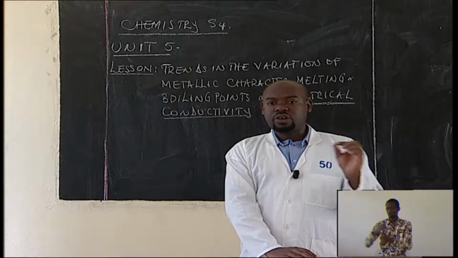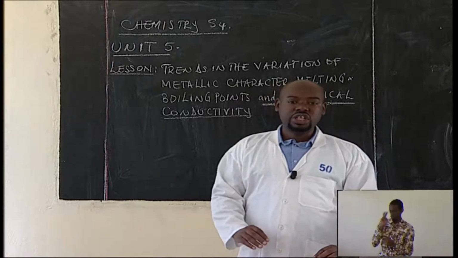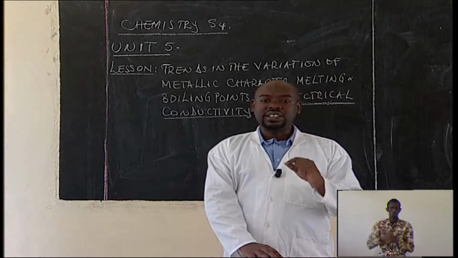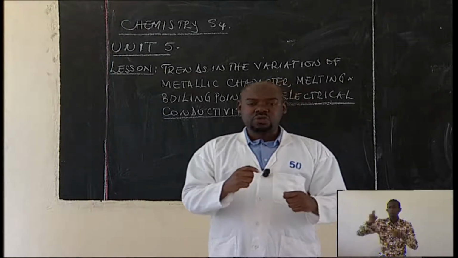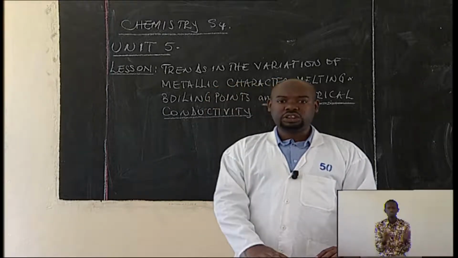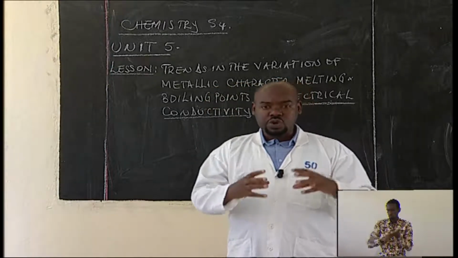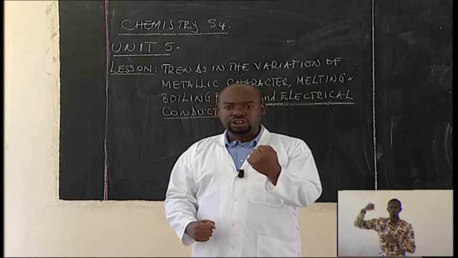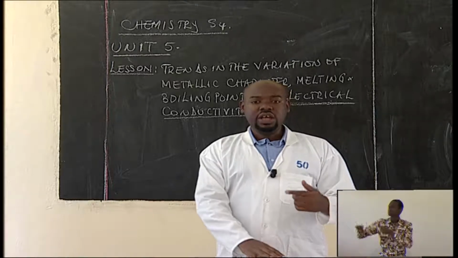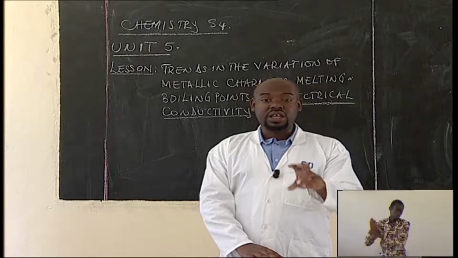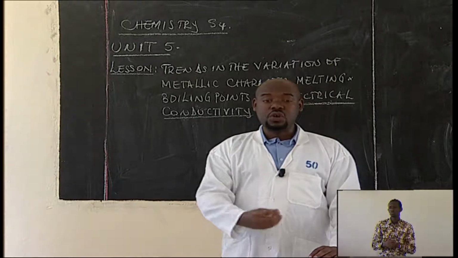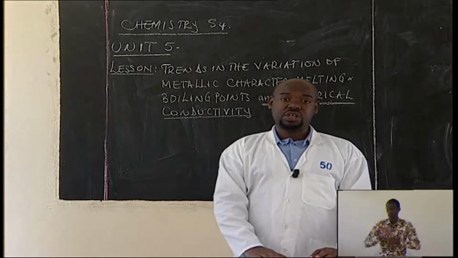As we move across the period, ionization energy increases. And what does it mean in terms of how easy an element will lose the electron? If it requires a lot of energy to lose the electron, then the metallic character is decreasing, because that ease of losing is reducing.